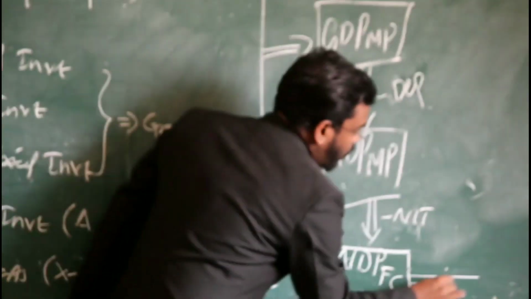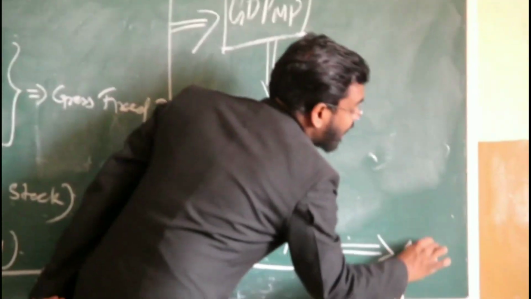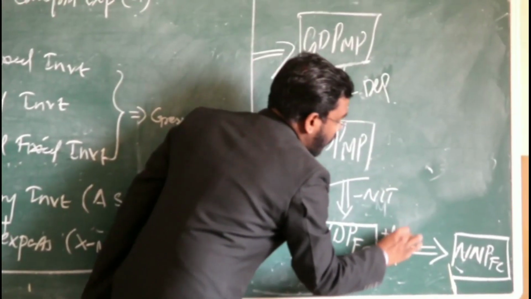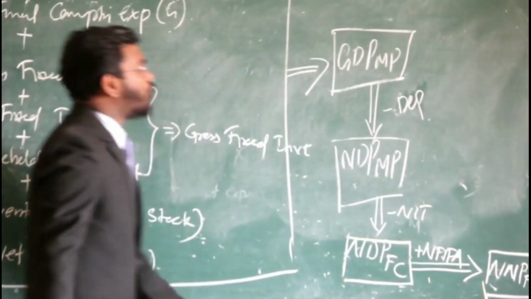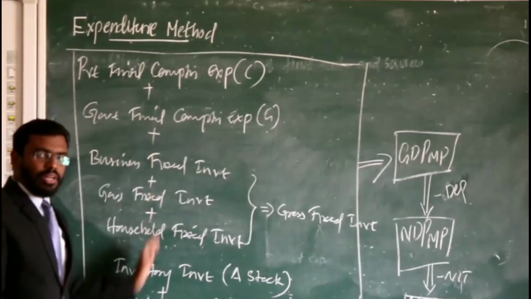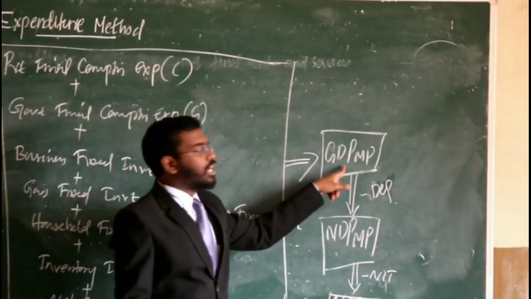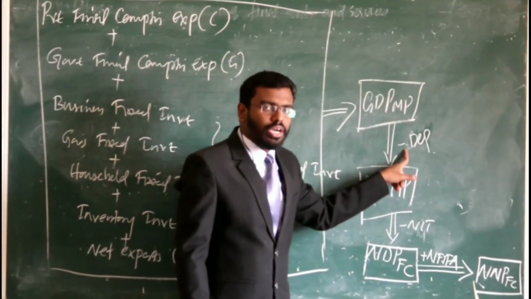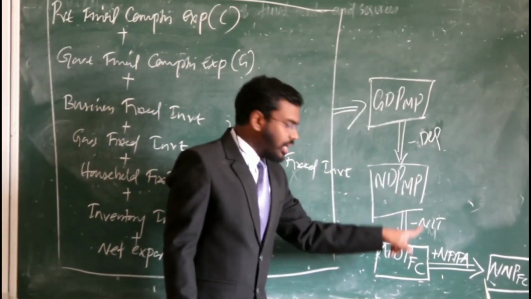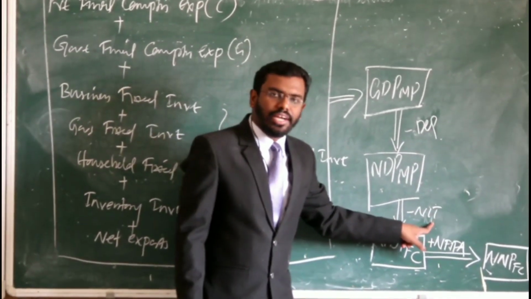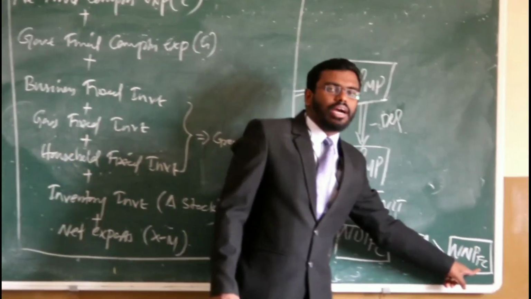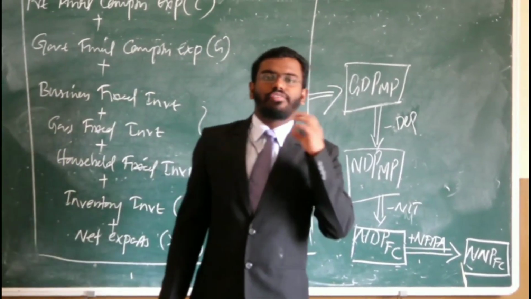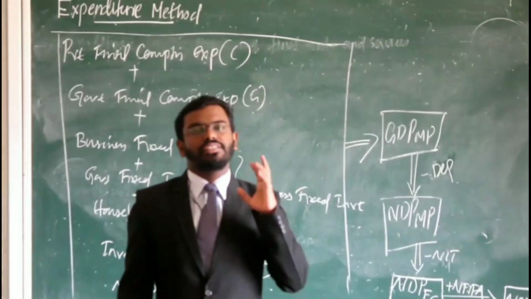From this NDPFC we can calculate NNPFC. How can we calculate? By adding NFIFA. So first, calculate all the expenditure, then we will get GDP MP. From GDP MP we can calculate NDP MP by subtracting depreciation. From this NDP MP we can calculate NDPFC by subtracting NIT, and from this NDPFC we can calculate NNPFC by adding NFIFA. So this is the method of calculating national income using expenditure method.